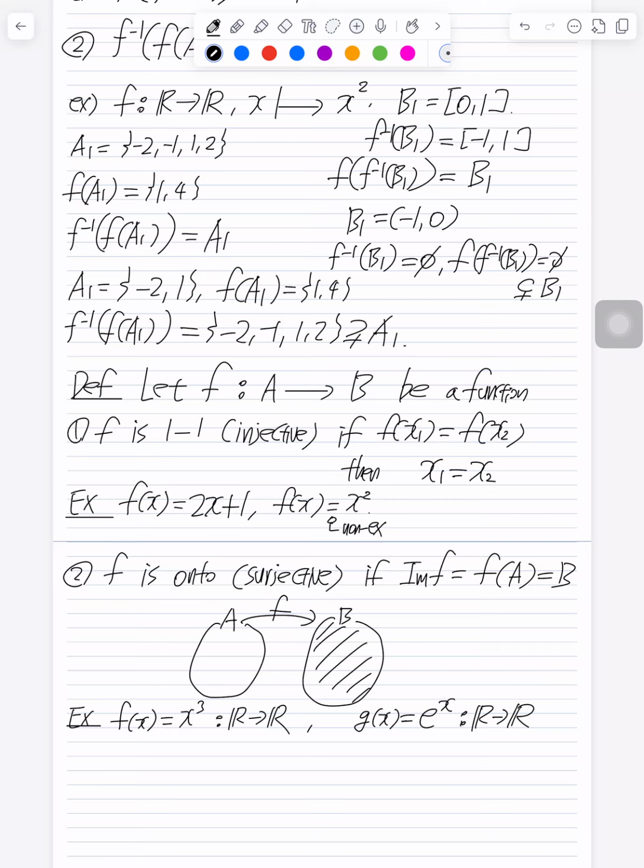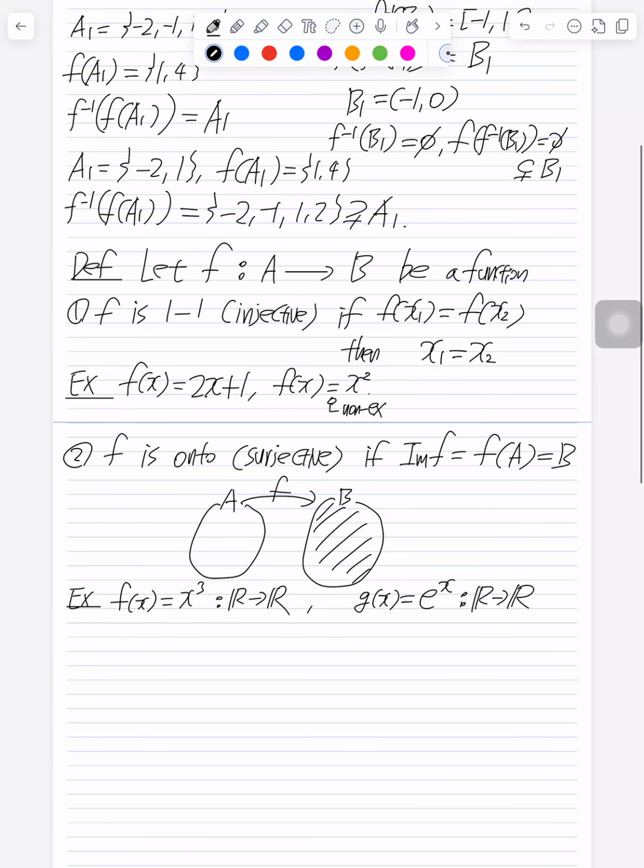So surjectivity means the image fills all of the codomain B. Equivalently, and if we say it in a very fancy way, for every y from the codomain we have a non-empty fiber.